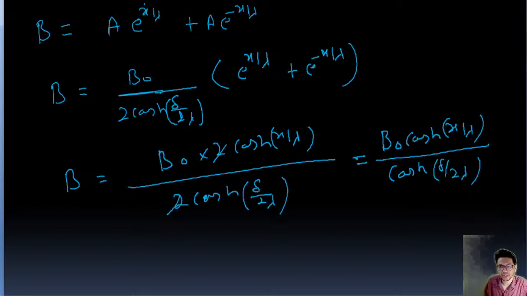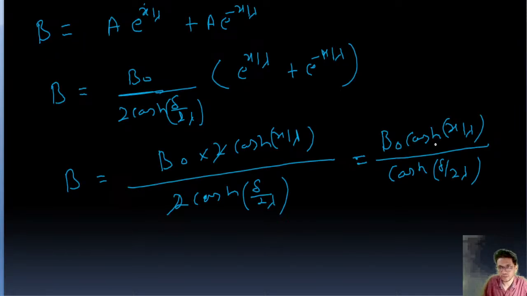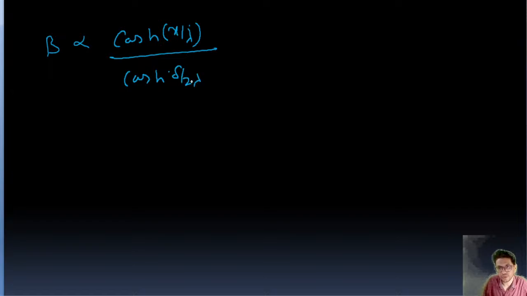So from here B is proportional to cos hyperbolic x by lambda upon cos hyperbolic delta upon 2 lambda. Okay, so B is proportional to this, and this is the answer.